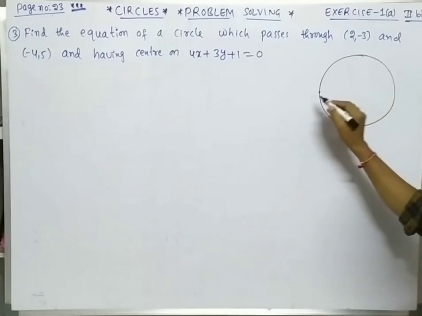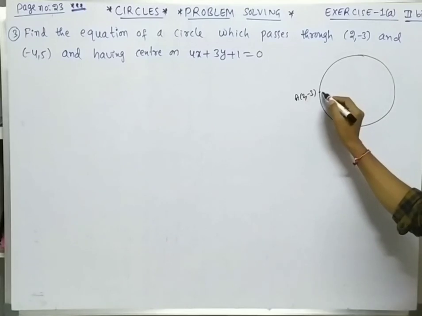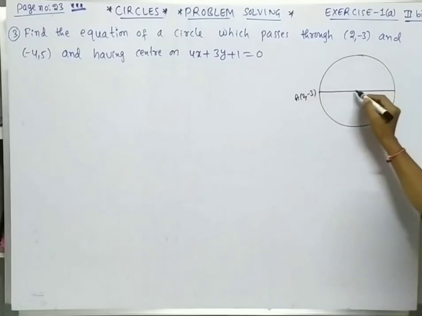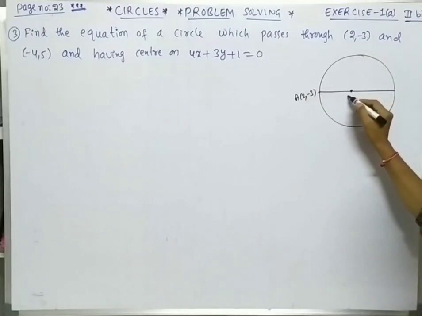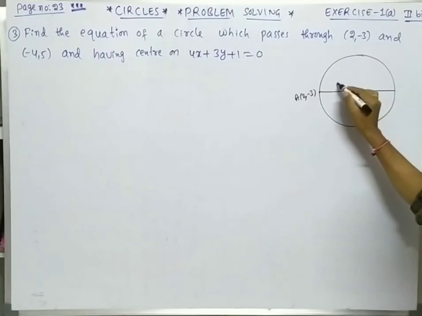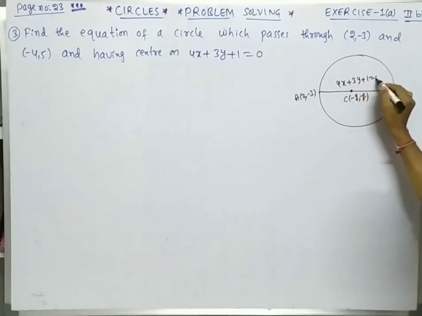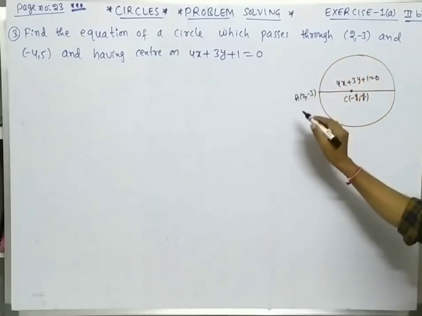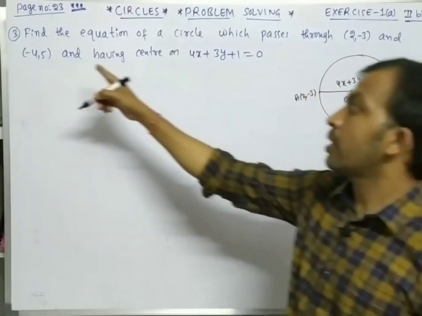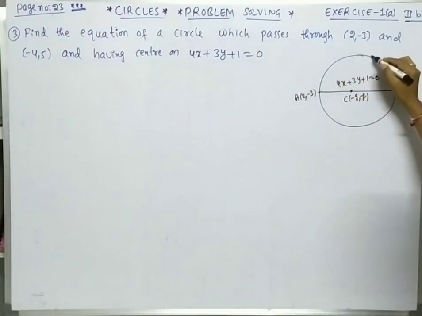This is the circle which is passing through (2, -3). The center is (-g, -f), and this is the diameter. Okay, (2, -3) is the one point, and this is (-4, 5).